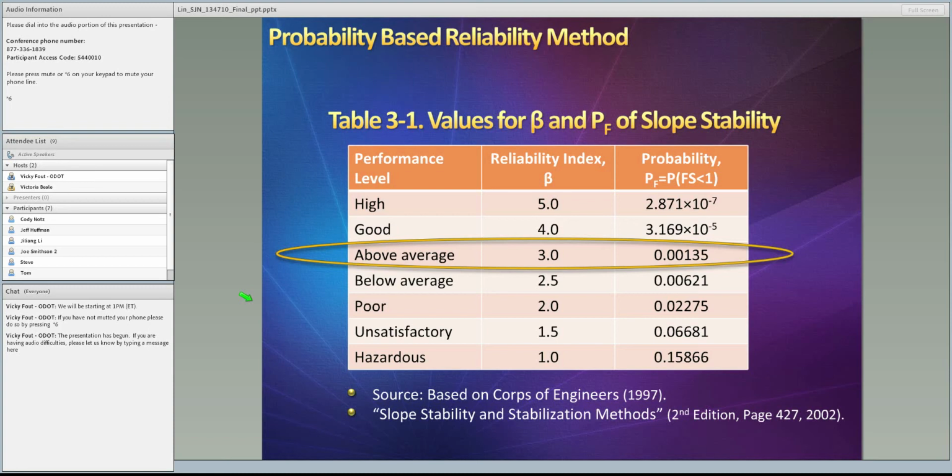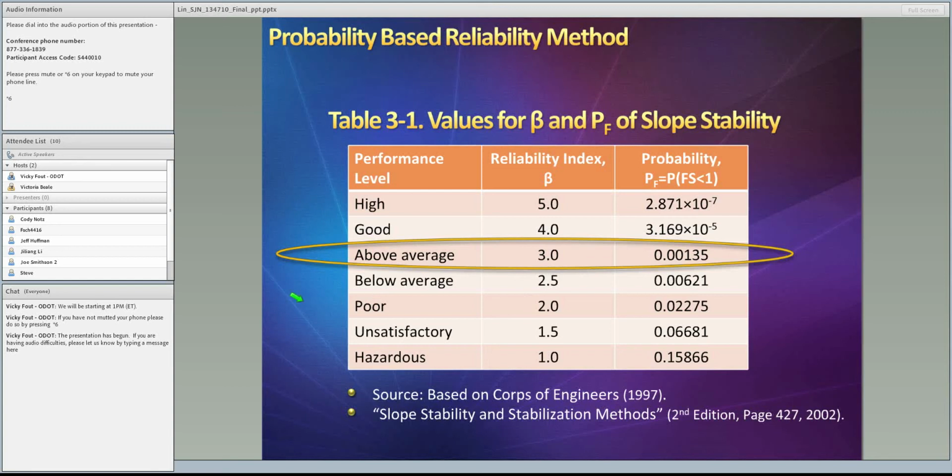This figure shows that for the reliability index or probability of failure, we can choose, for example, 3.0 as the performance level above average, or we can choose 2.5 as below average. If the reliability index equals 2, the performance level is poor and it is not suggested for use.